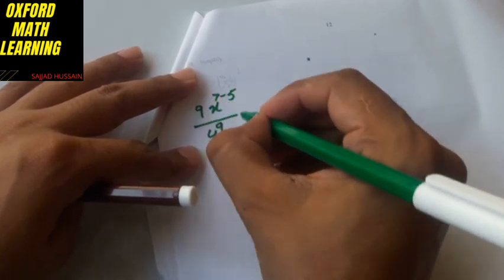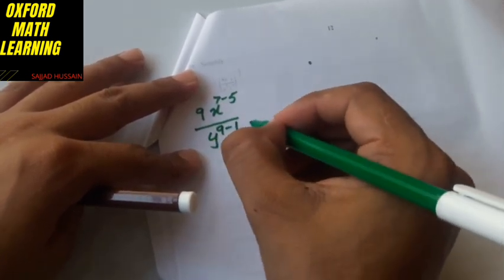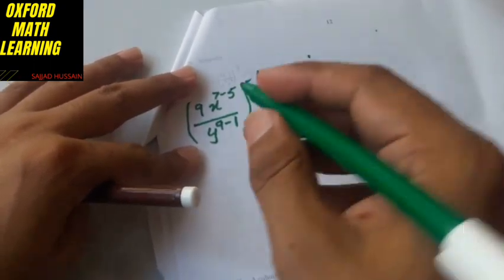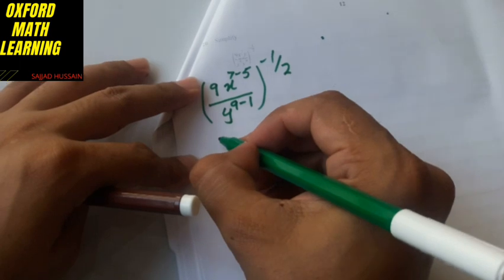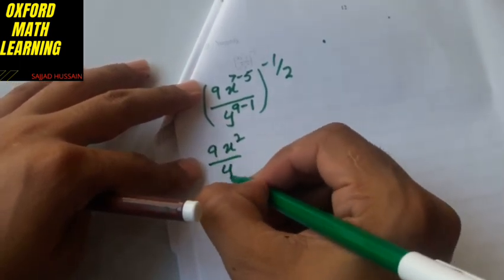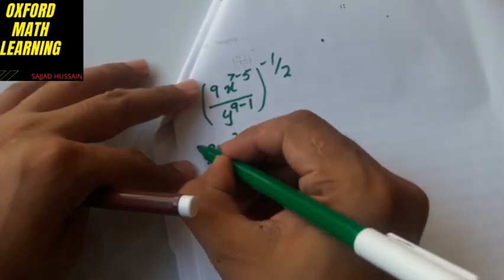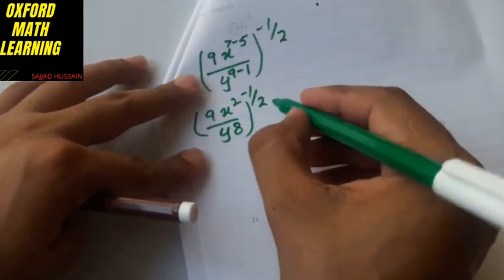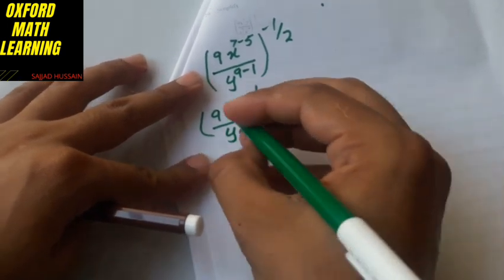This is y to the 1, so we'll subtract here. Okay, then minus 1 over 2 upside. So 9 x to the 2 over y to the 8, all to the power negative 1 by 2. Okay, then we have to take separate powers.